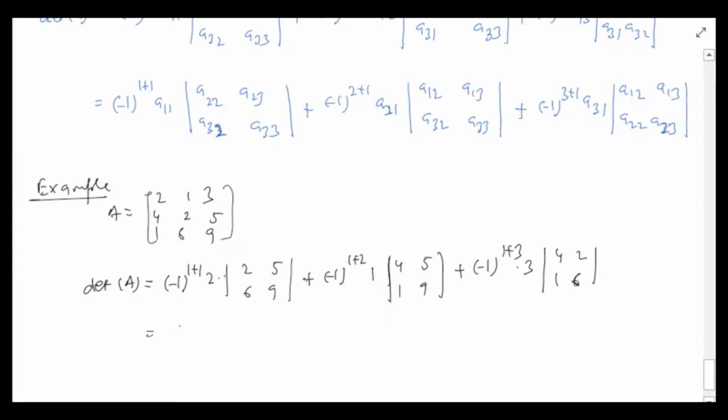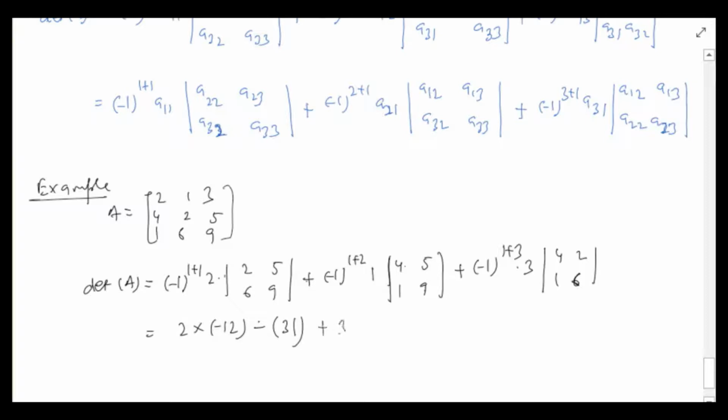Let us work out these submatrix calculations. So I'll get 2 times 9 into 2 minus 6 into 5, that gives minus 12, minus 9 into 4 minus 5, that gives 31.